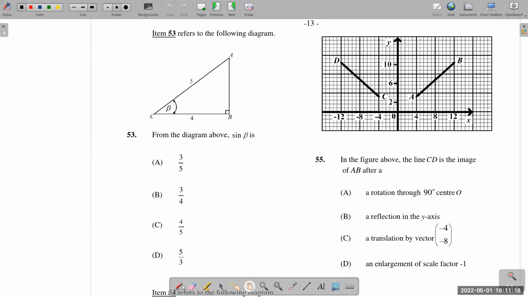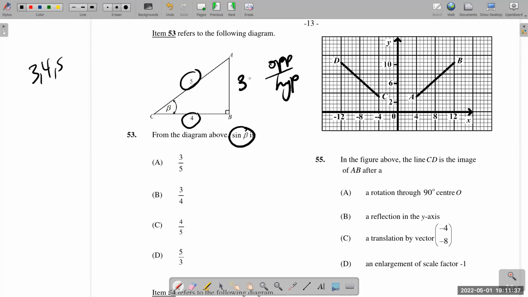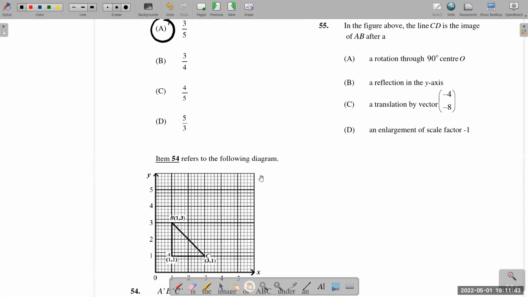And I spoke to y'all about this already, yeah? Remember the 3, 4, 5 triangle? If the hypotenuse is 5 and one of the sides is 4, that means this side is 3. Right? And because it's sine, what is sine? Opposite over hypotenuse. So that would be 3/5. A. Yeah, we did this one already too.